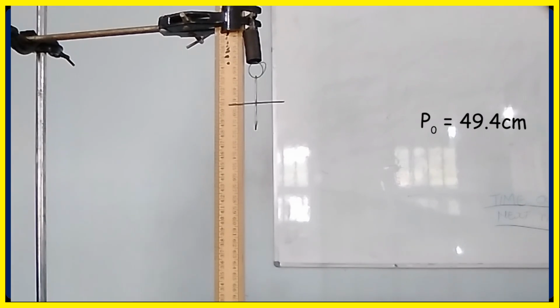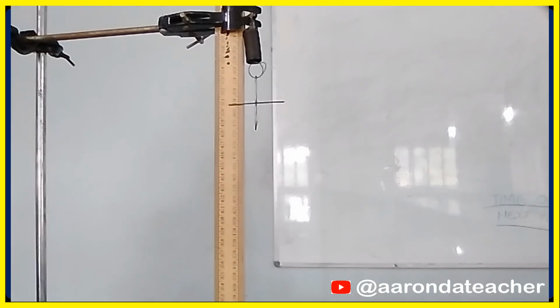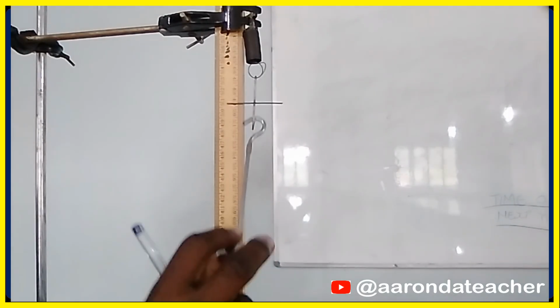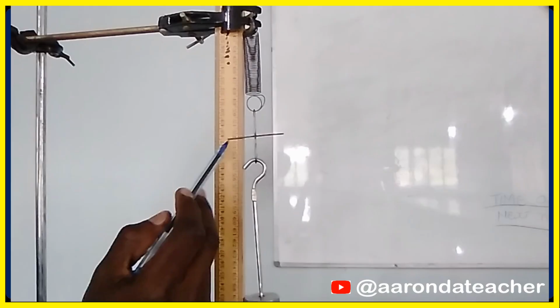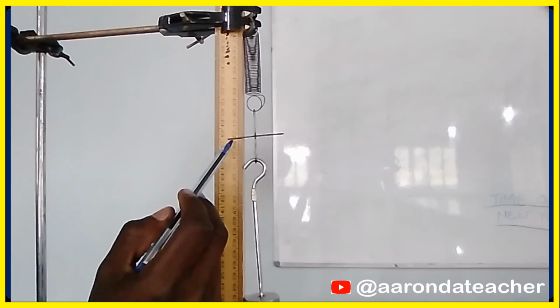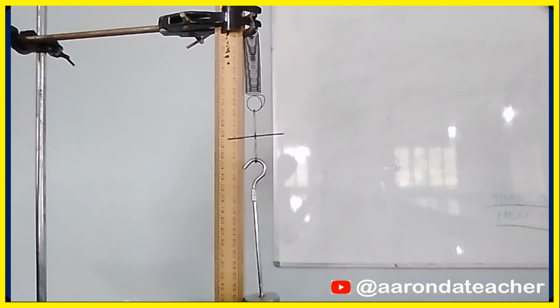And then I begin hanging on the masses, beginning with 50 grams. I put on the mass hanger, and it is giving me 52.5.